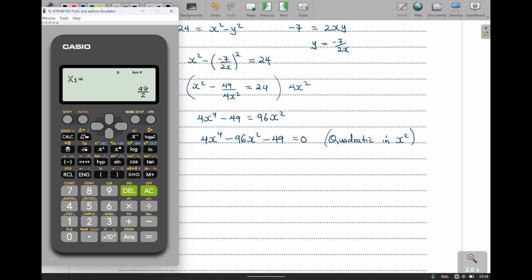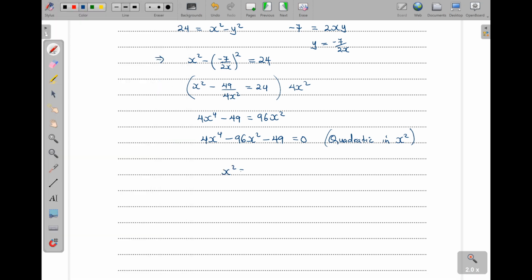Then this one will give us 49 over 2, and then negative a half. So you say x squared is equal to 49 over 2, and then the other one, x squared, remember it is a quadratic in x squared, that's why I'm writing x squared, is equal to negative a half.